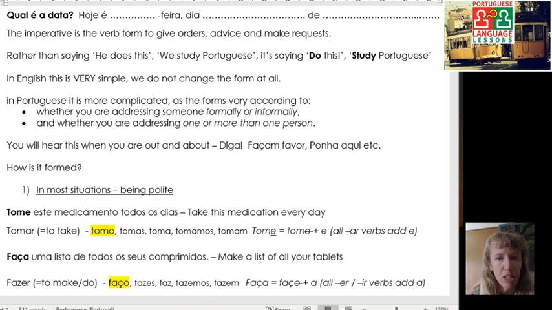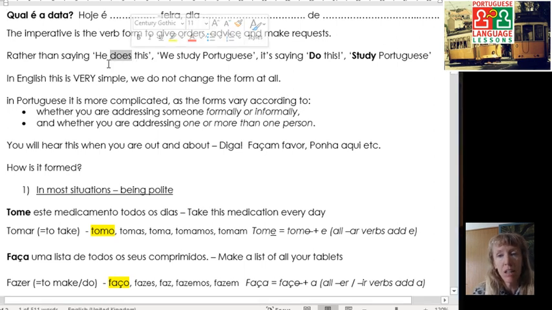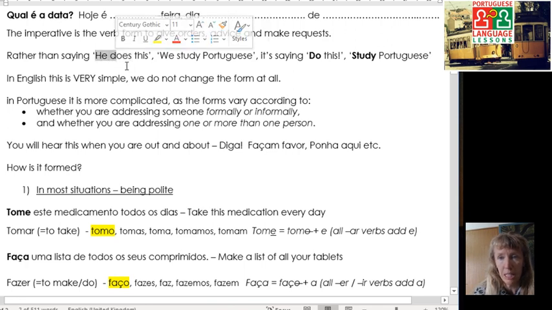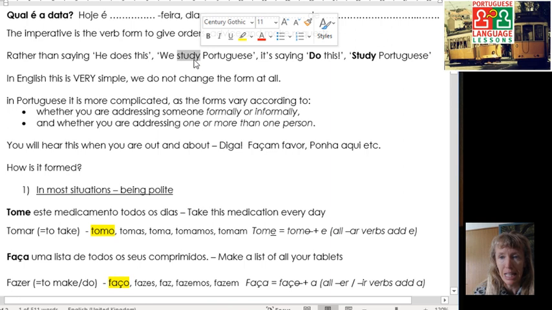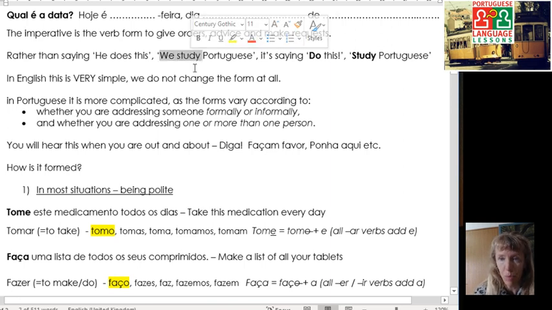If we're a native English speaker, we're often really not very clear about this because it's so very simple in English. So, for example, rather than saying he does this, where I've got the verb in the form does to match the person who does it, he, or we study Portuguese, where the verb study is in the form to match we study.